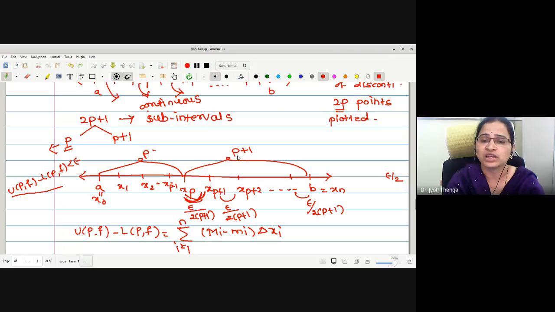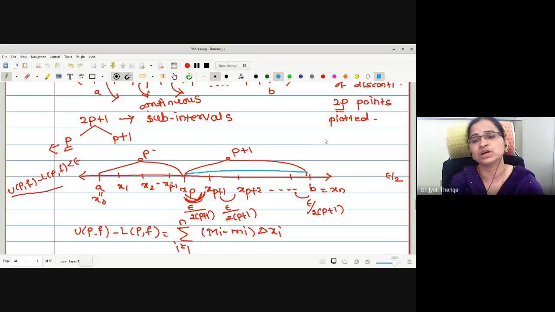On the remaining P plus 1 subintervals, no doubt the function is going to be continuous. Therefore, it is integrable. Therefore, the UPF minus LPF value can be made less than epsilon.